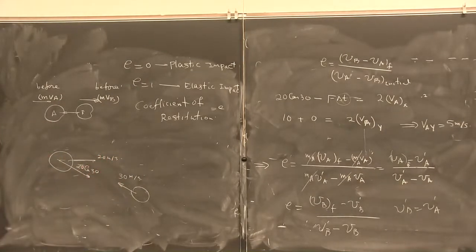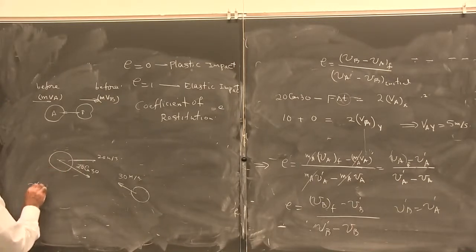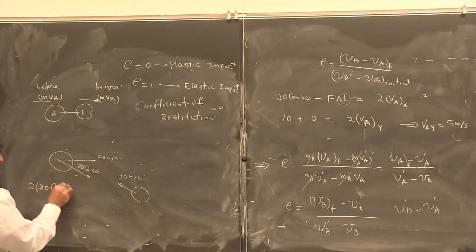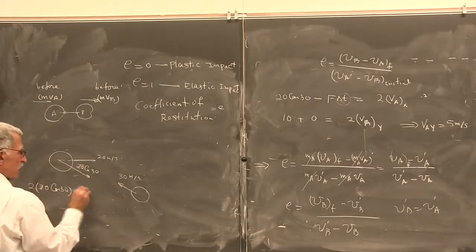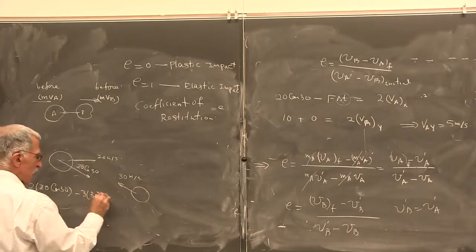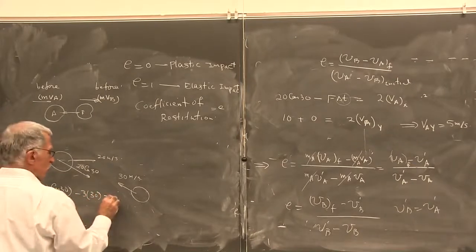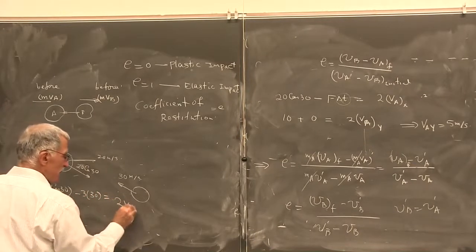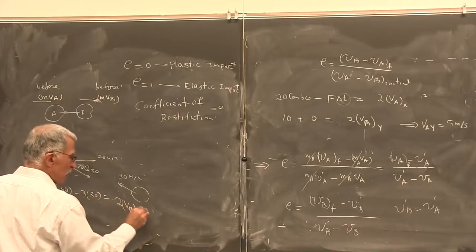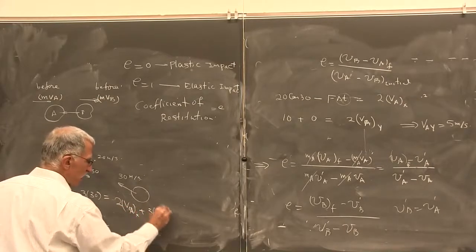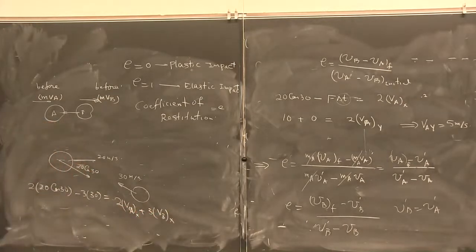So if we give you the coefficient of restitution, then no problem. We already have one equation from conservation of momentum: 2 kilogram times 20 cosine 30 minus 3 kilogram times 30 must be equal to 2 kilogram VAX plus 3 kilogram VBX. That's the conservation of momentum, my first equation.